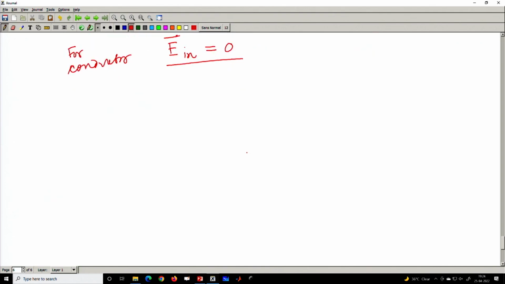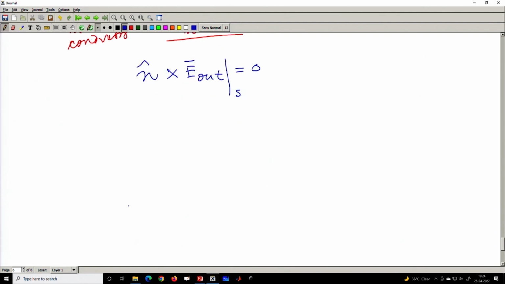If E in is 0, I am left with this equation: n cross E out over the surface is 0. So, the tangential component of the E out is 0 just outside the conducting surface.